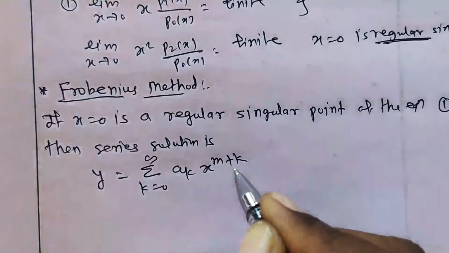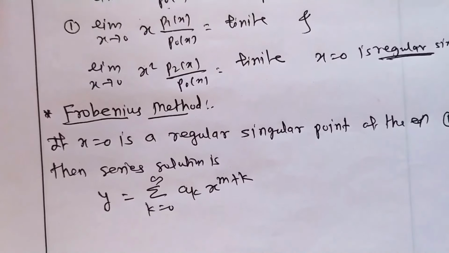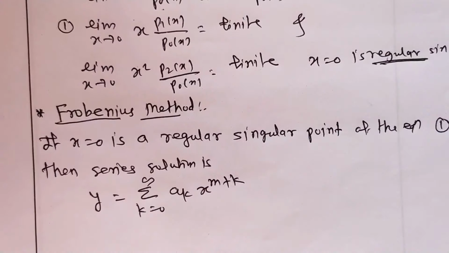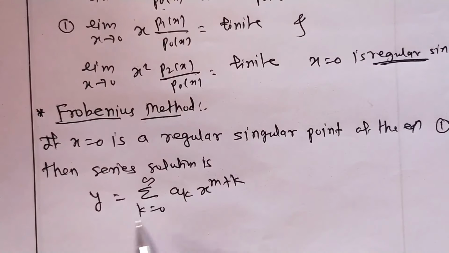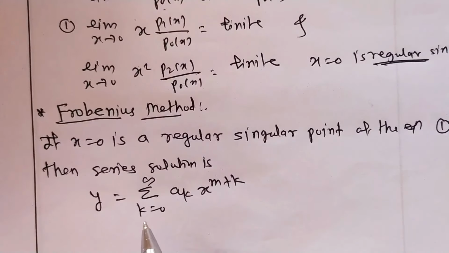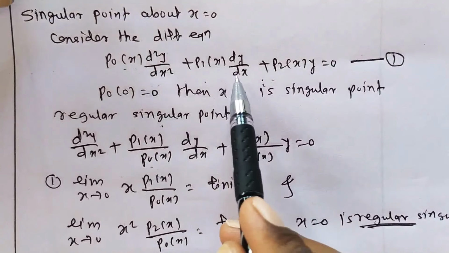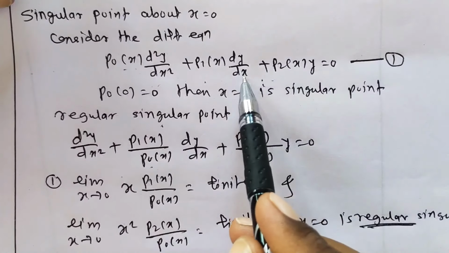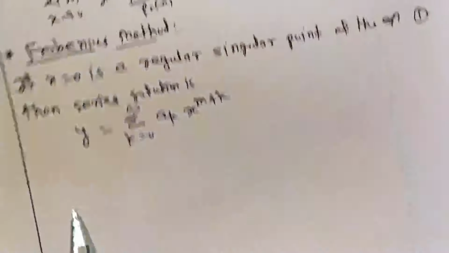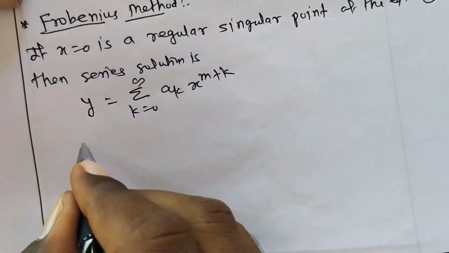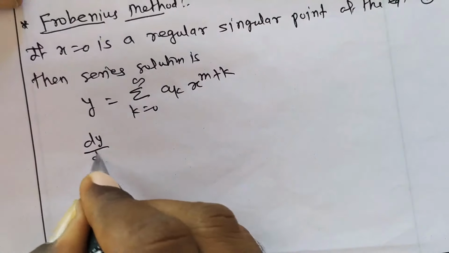Again for equation 1, if we take y equal to this solution, then for the solution of this differential equation we want dy by dx and d2y by dx square. So from y we can find dy by dx by taking the derivative of both sides.